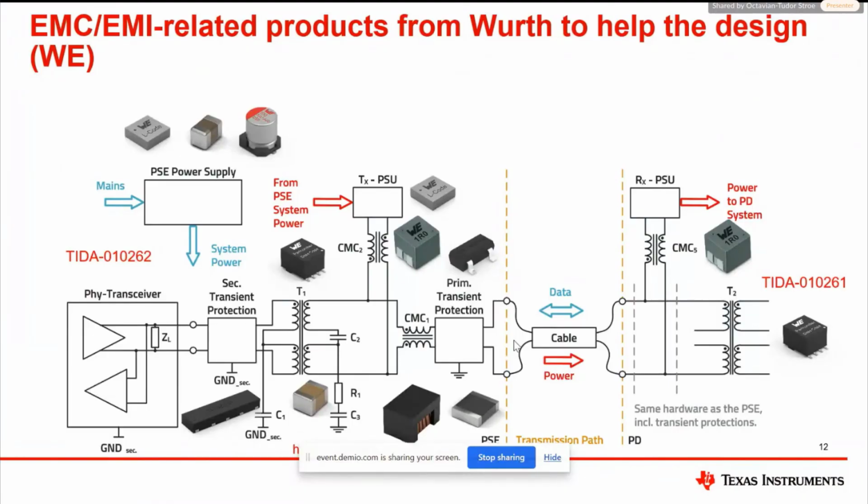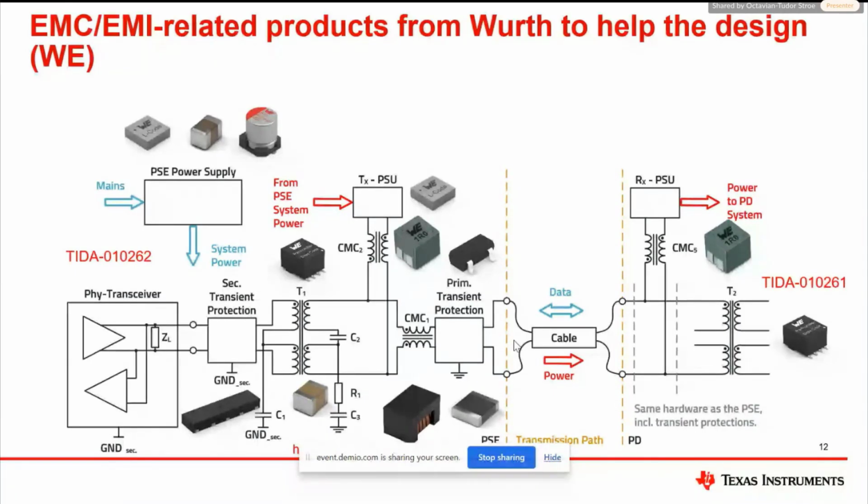But now let's focus on the industrial PoDL 10BASE-T1L design that we have been exploring so far, and look at the general block diagram, showing the most important parts of this application, with a focus on the passive components. This figure shows the general hardware topology of a PoDL system.